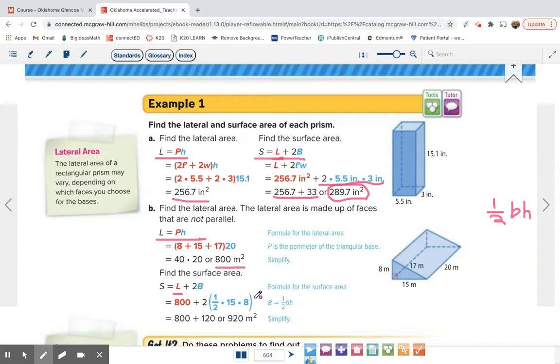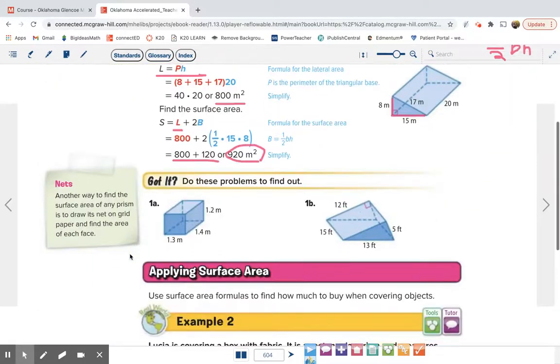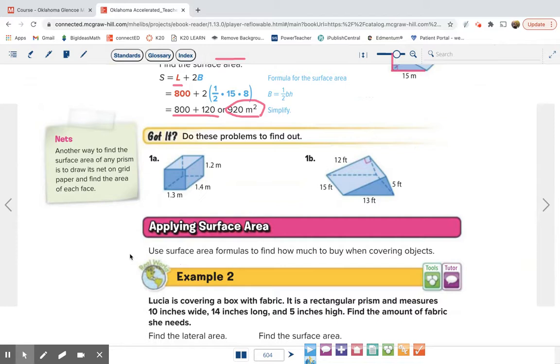So we have 2 times 1/2 times the base of the triangle times the height of the triangle. When we do that, half of 8 is 4. 4 times 15 is 60, times 2 is 120. Then we add those together to get our final answer. So using that, I want you to try 1A and 1B.